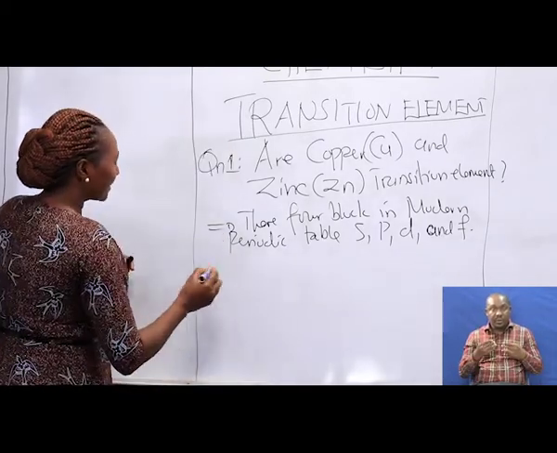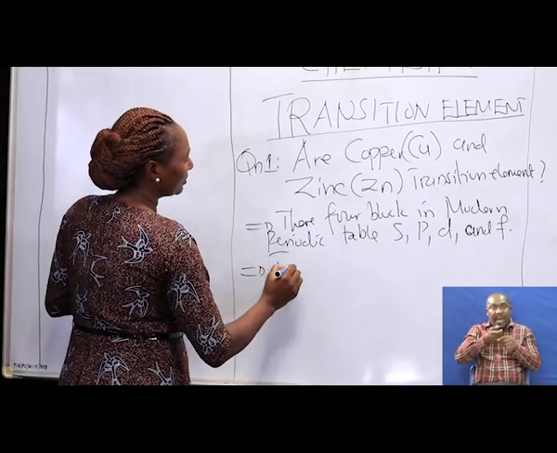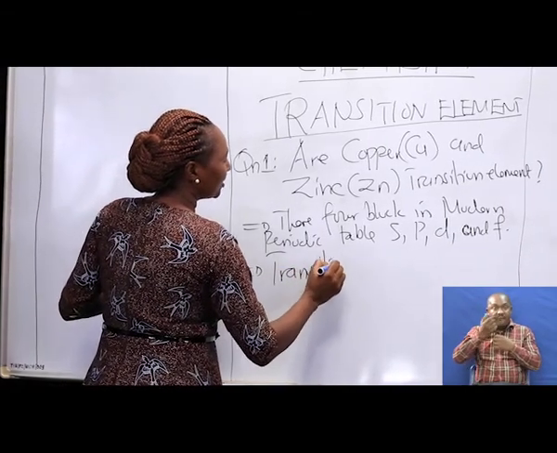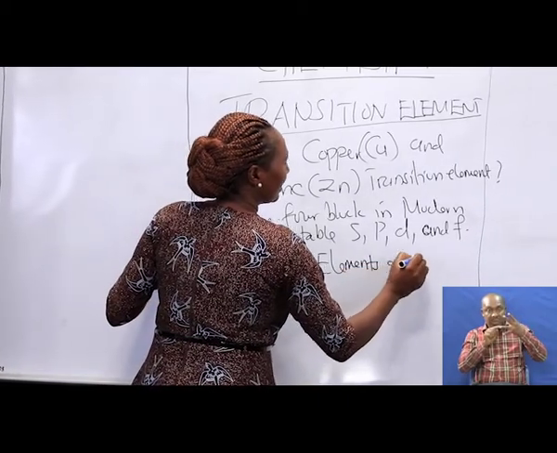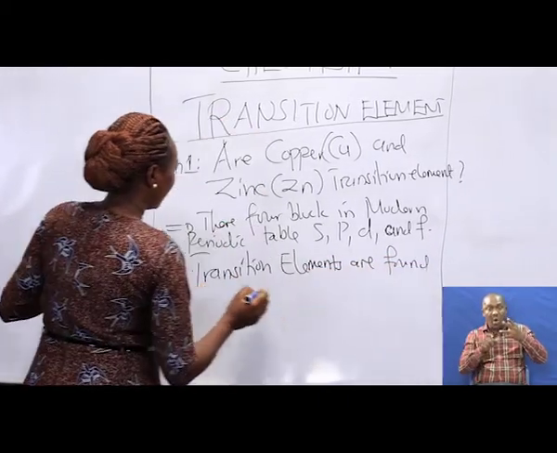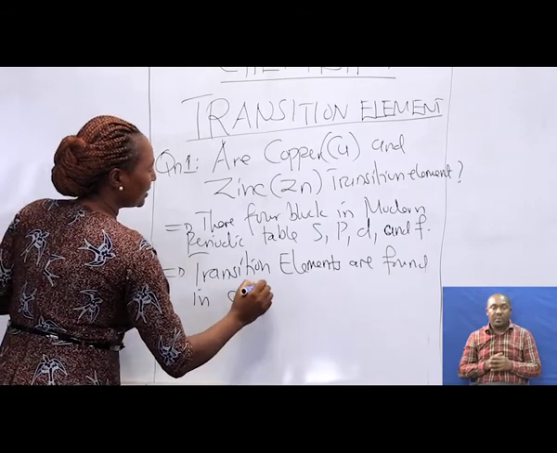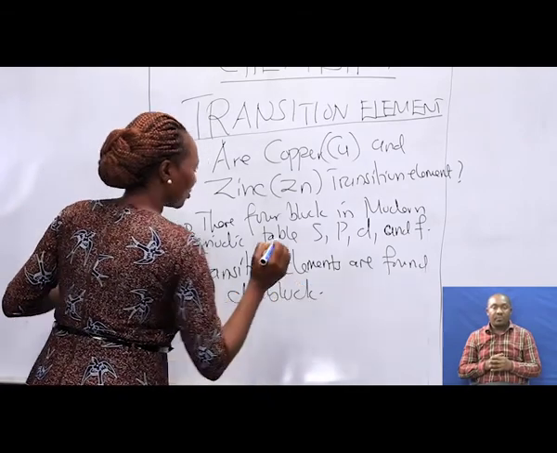Transition elements are found in the D block.